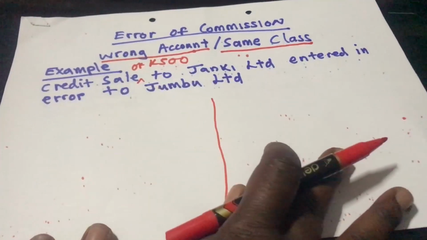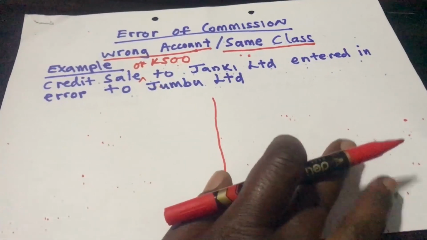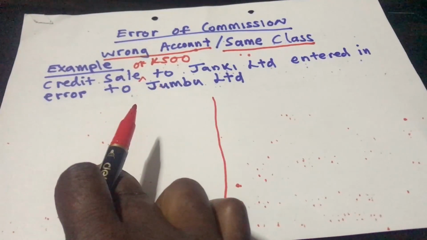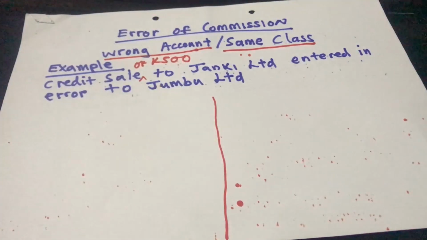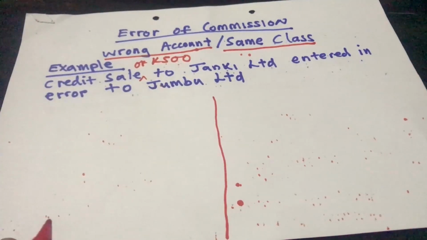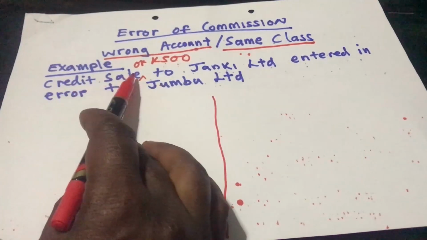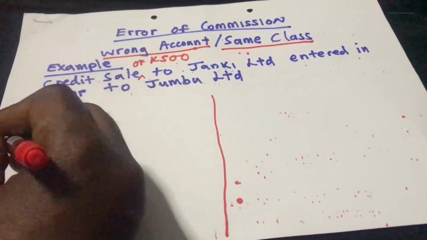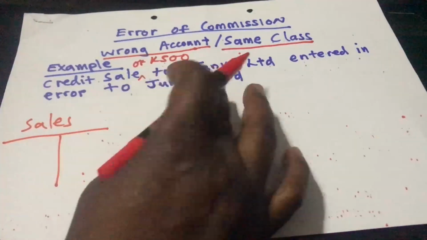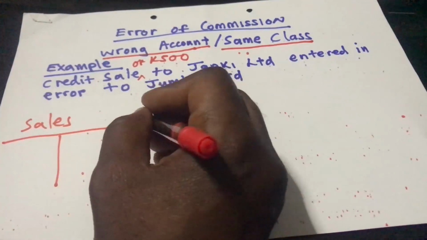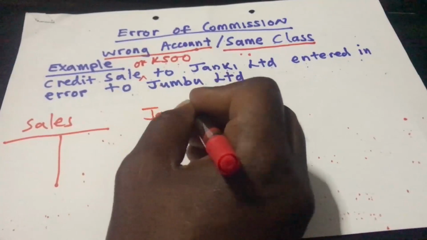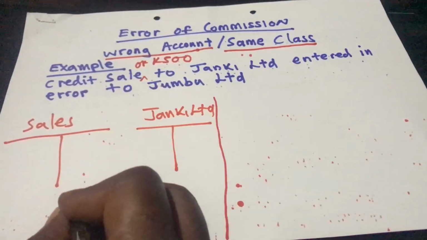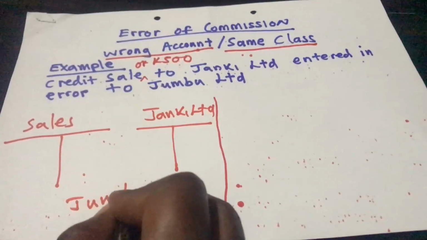So we are going to do the same thing here. Here we'll write the journal where we are going to do the corrections. Then here I'm going to write the correct accounts. So here we've got a number of things. We have the credit sale. So we have got sales, okay, to Junkie. Then we have got Junkie Limited, and then we also have Jumbo.